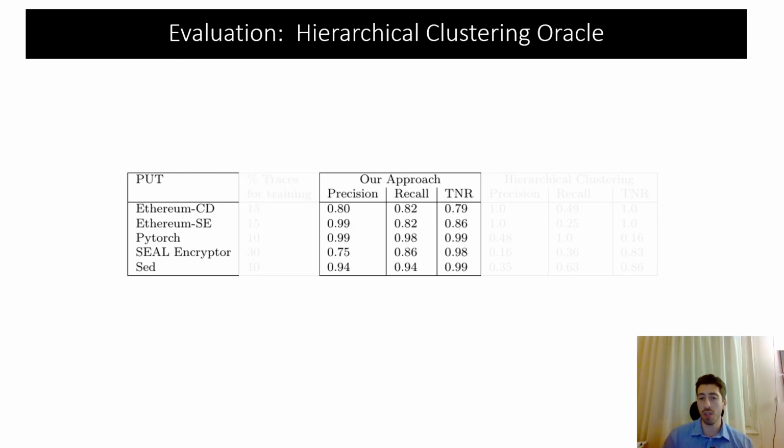As far as the precision, recall, and specificity are concerned, we notice that our model is able to perform well in both balanced datasets like Ethereum CD and imbalanced datasets like SED or PyTorch. In some cases, like the Seal encryptor or the two modules from Ethereum, our model is not able to get more than 90% in precision and recall.